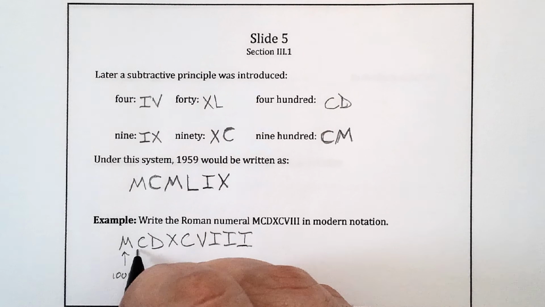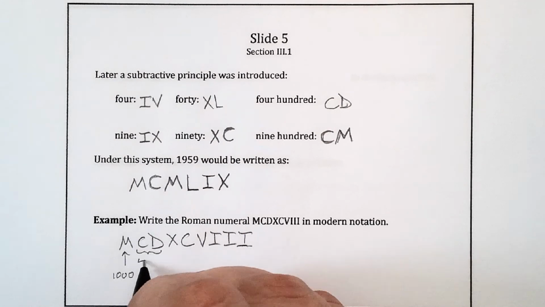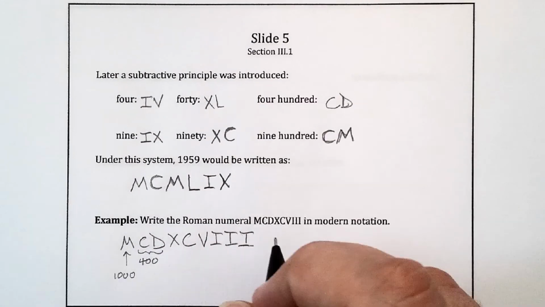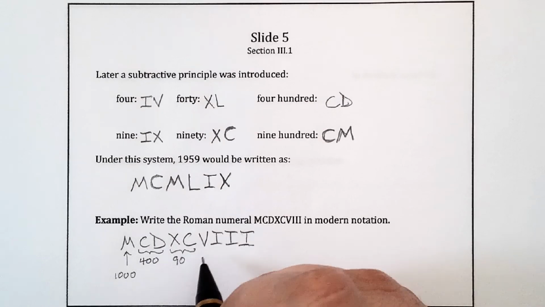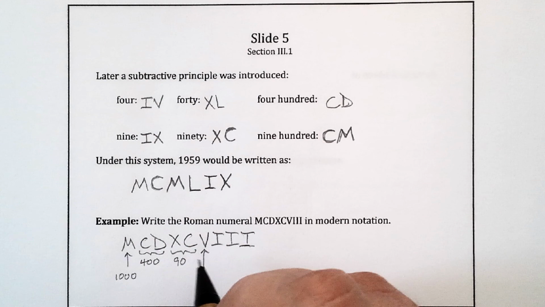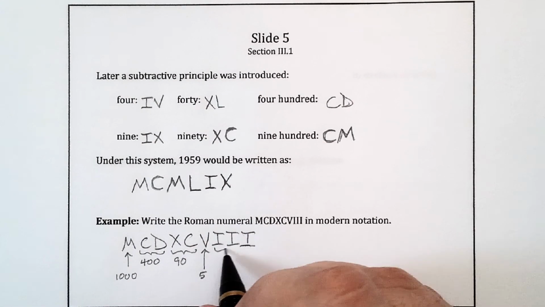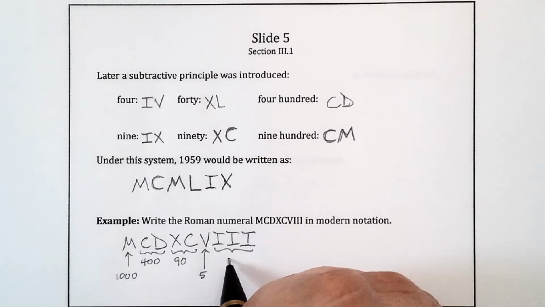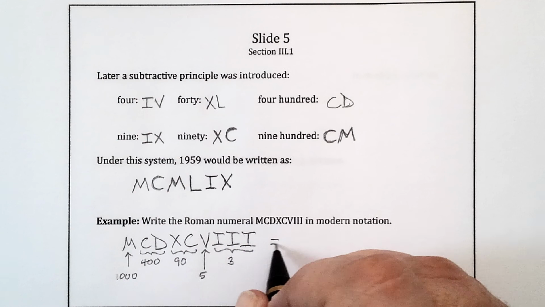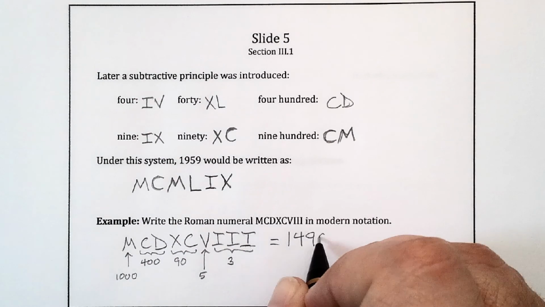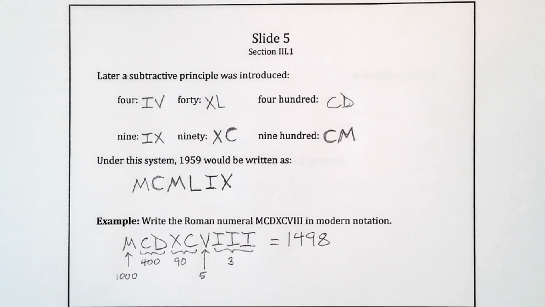CD is 400. XC is 90. V is 5. III is 3. So we've got 1498, if we add all those up.